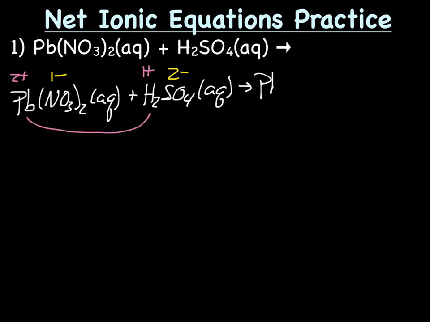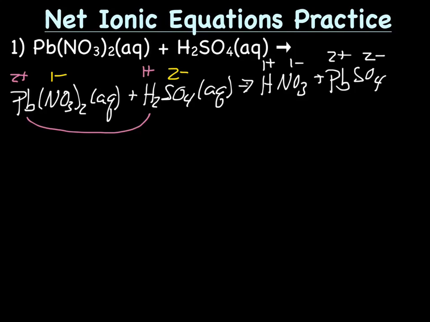So we have H 1 plus hooking up with NO3 1 minus, and we have Pb 2 plus hooking up with SO4 2 minus. And when we check out the charges, it looks like everybody is neutral.